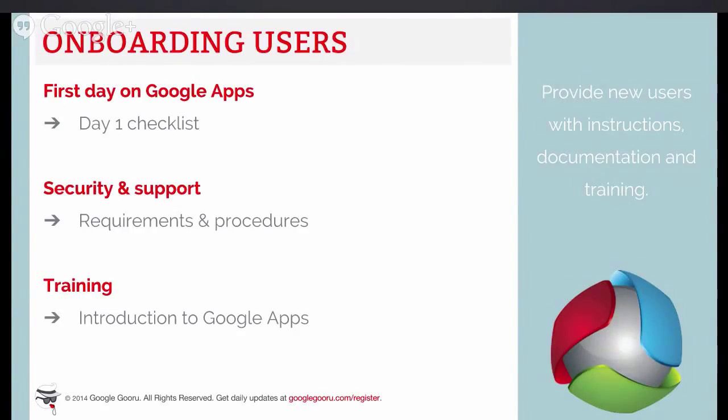I also think it's important that you go through your security and support requirements and procedures with them so that everything is very clear in any event that they need to contact you. And lastly, I think it's very important that you provide them with training, because you might have users who aren't familiar with Google Apps, or maybe they've only used Gmail, and really there's a lot more to it than just Gmail, so you want to get them up and running. And we'll talk about these in detail.